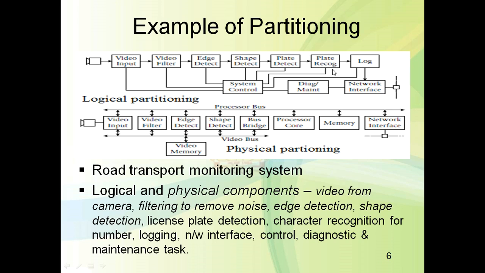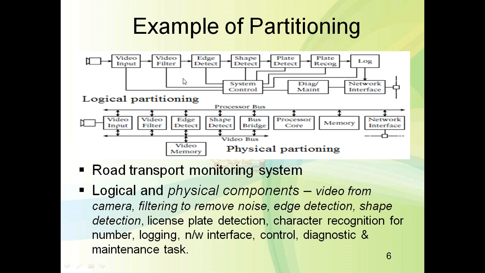Then we have to log that plate, and give it to the network interface. Then we require the system control, and a diagnostic or maintenance block. These are the logical partitioning, and there are various parts we require here.